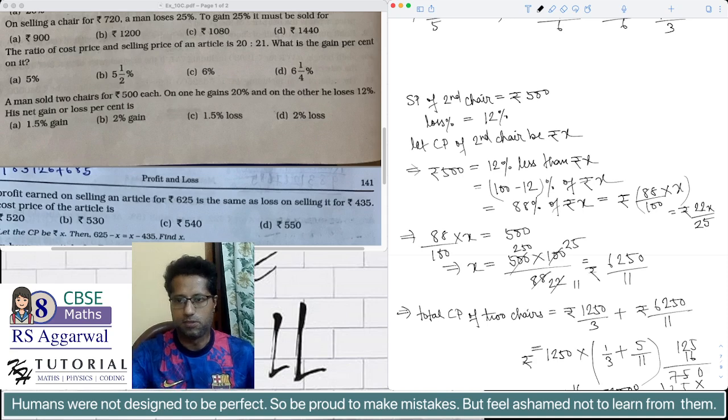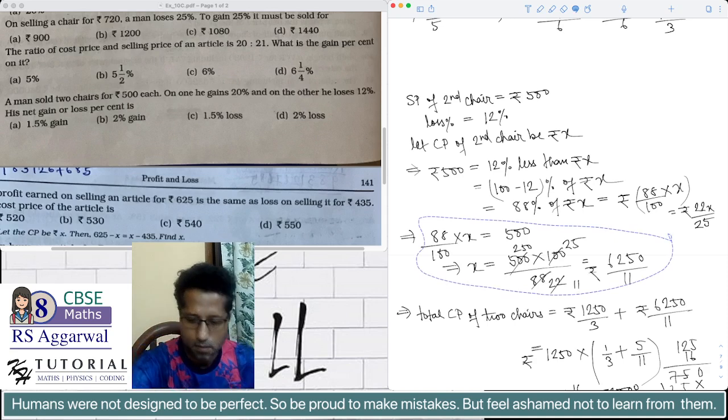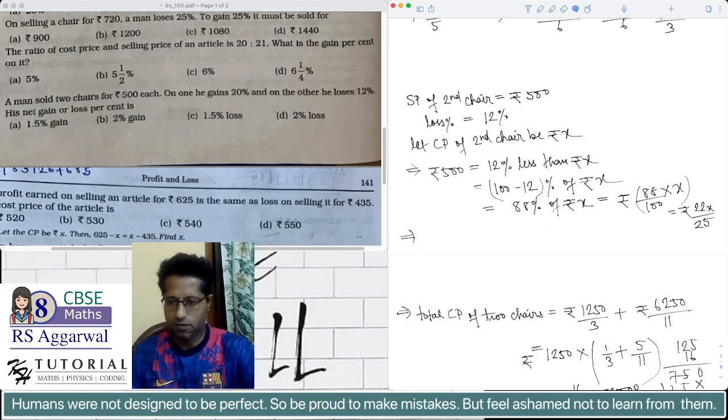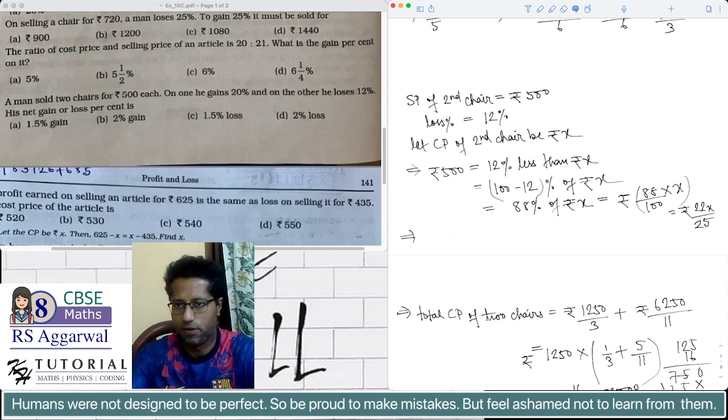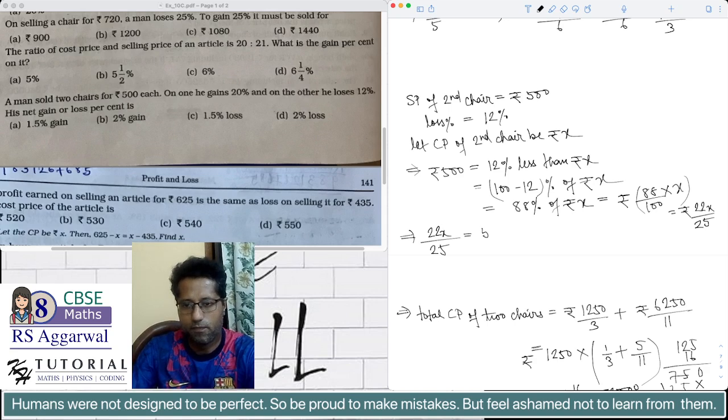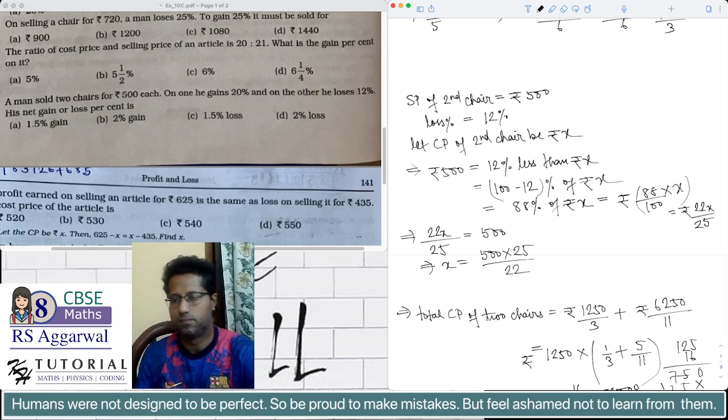Okay, so let's see what this comes to. The previous calculation was the same. I'm just doing a little bit of simplification to see if there is any silly mistake or not. So we must have 22x by 25 equal to 500. This implies x will be equal to 500 multiplied by 25 divided by 22.